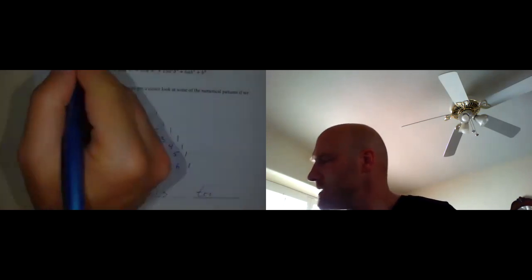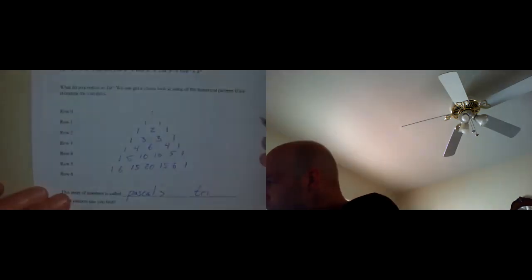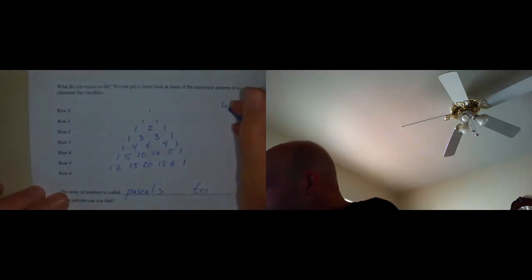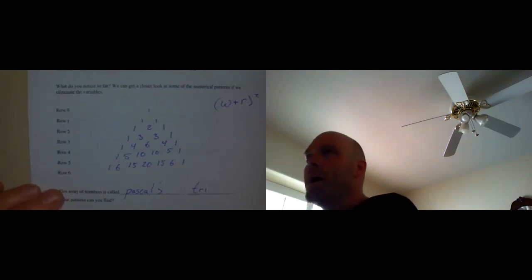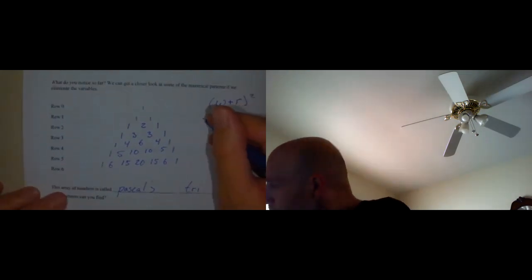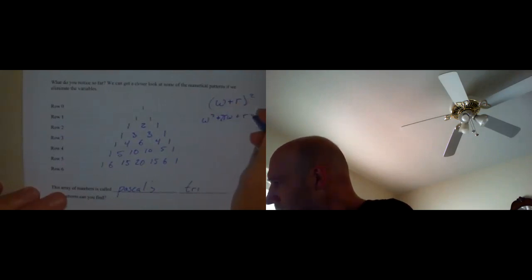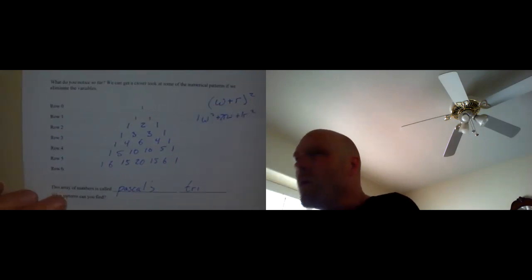So imagine, for example, that instead of A and B, I had a W and R. That might seem a little bit arbitrary, but if I were to square it, I'd end up with W squared plus 2RW plus R squared, with a 1 there and an implied 1 there.